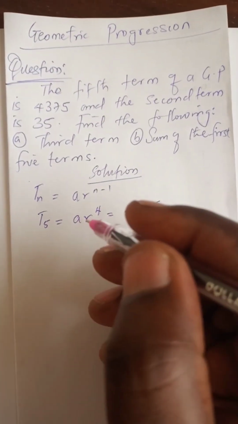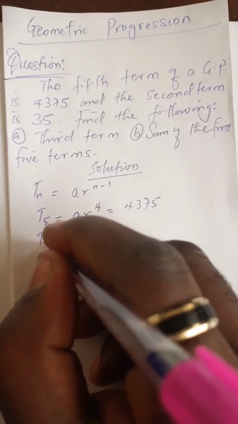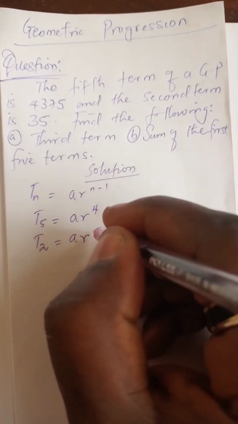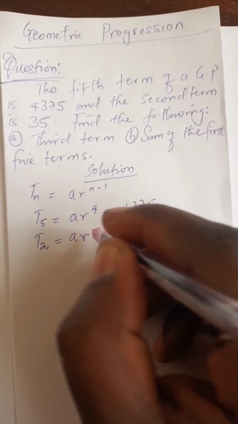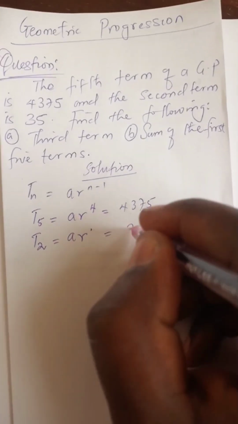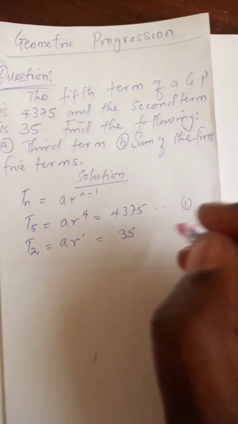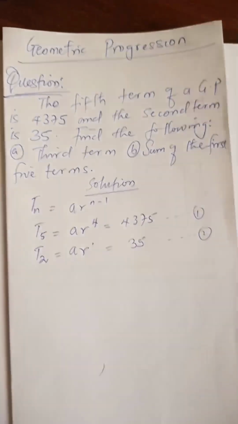And then the second statement says the second term, which is T2, will be AR, 2 minus 1 will give you 1. So we don't put 1 here, which is equals to 35. So you can call this equation 1 and this equation 2.